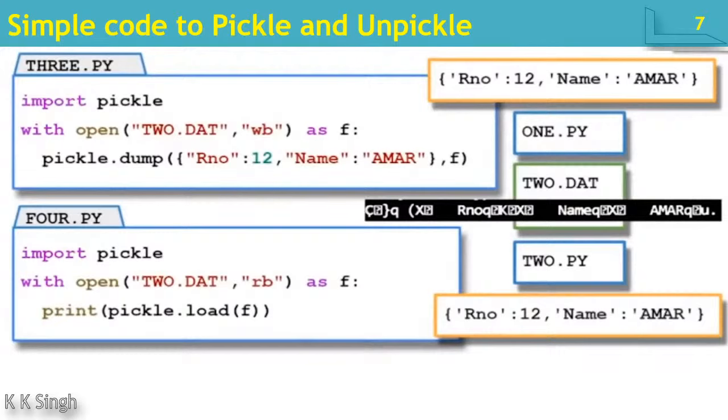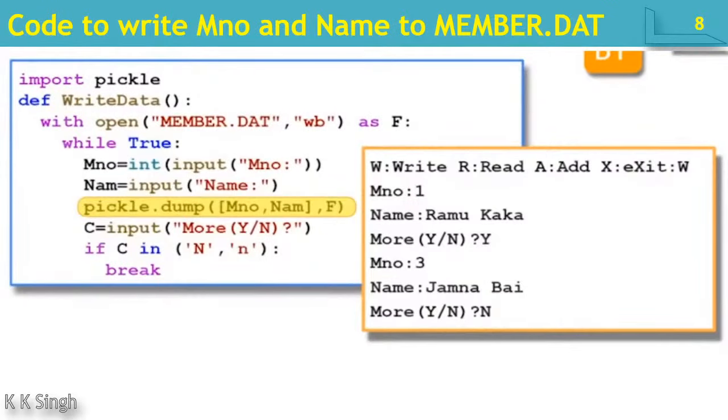Okay, now next, code to write member number and name to member.dat file. So if you see this program, we have created a user defined function here.